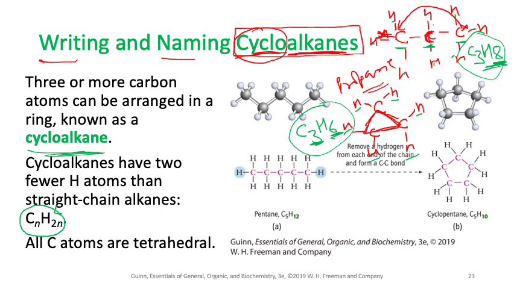Because each and every bond is a single bond, and this is a cyclic compound, that's why cycloalkane. And the formula that we're gonna use is CnH2n to figure out how many carbon and how many hydrogen are connected to that carbon in a cycloalkane. And again, all carbon atoms in a cycloalkane are also tetrahedral. Why? Because each carbon is connected to 4 other atoms, so that's why it's tetrahedral.